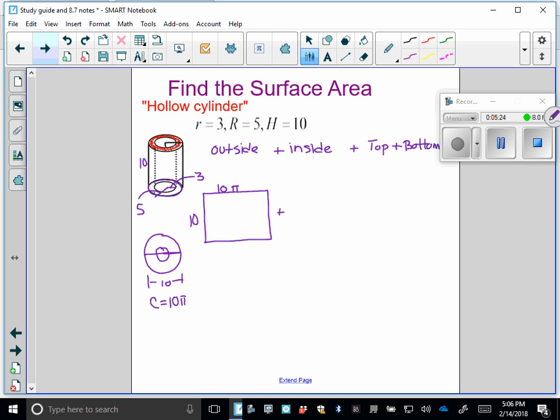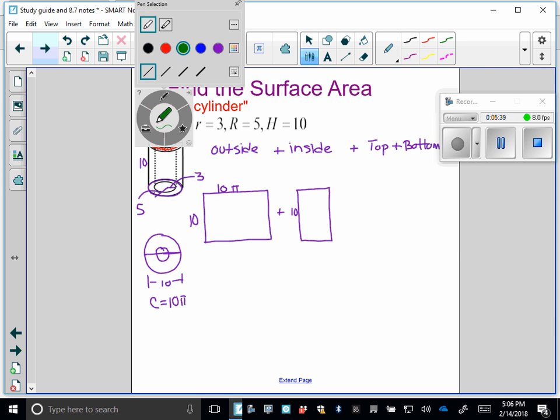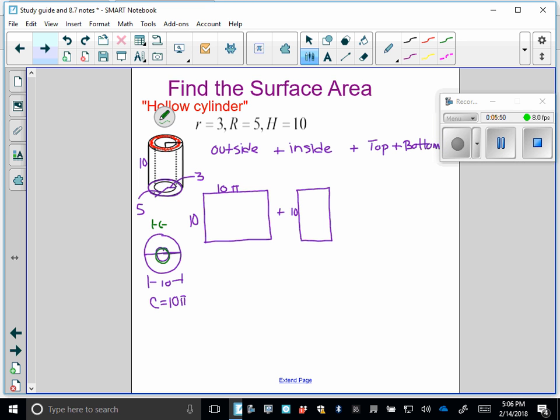For the inside cylinder, it has a smaller circumference. So this is still 10, but the smaller circle has a diameter of 6 because the radius is 3.